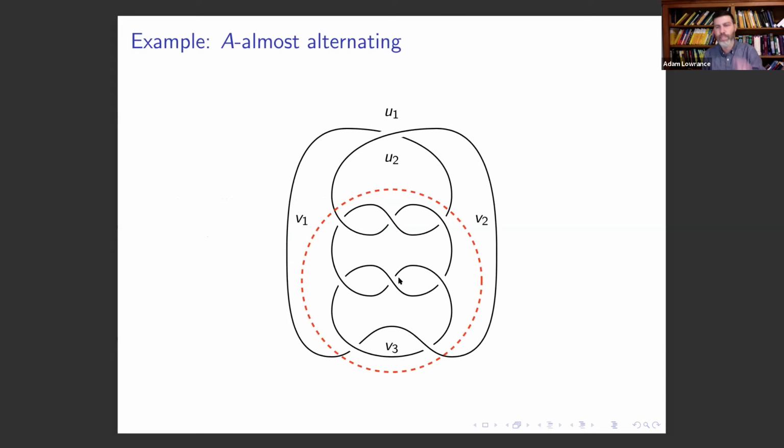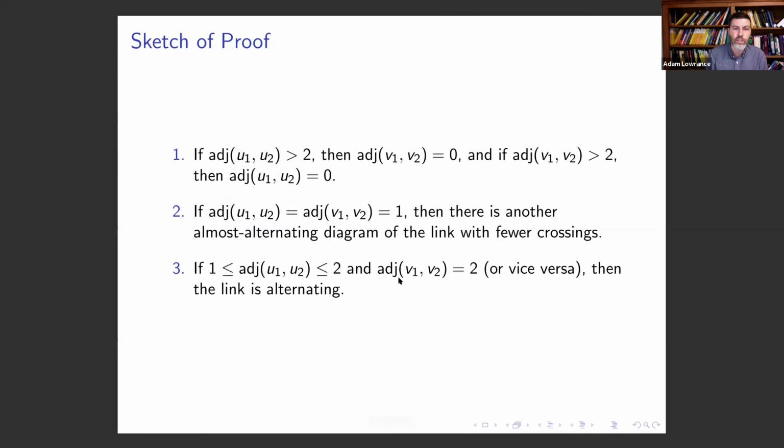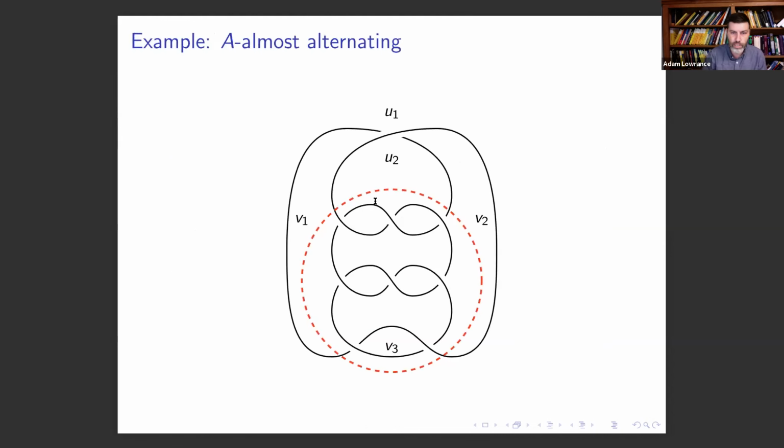This picture is A almost alternating because U1 and U2 have no adjacency. The proof, and I'll go back to the picture as an example, essentially plays off the fact that the checkerboard graphs are dual to one another, the U checkerboard graph and the V checkerboard graph. If the U checkerboard graph has lots and lots of adjacent faces, then you're forcing lots of faces that match up between U1 and U2, and you're breaking all the paths between V1 and V2.